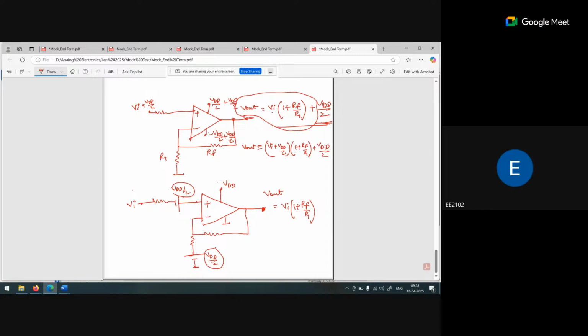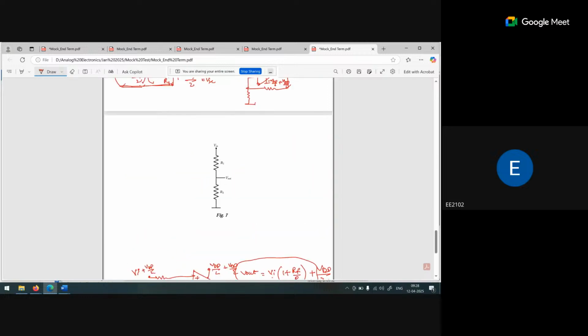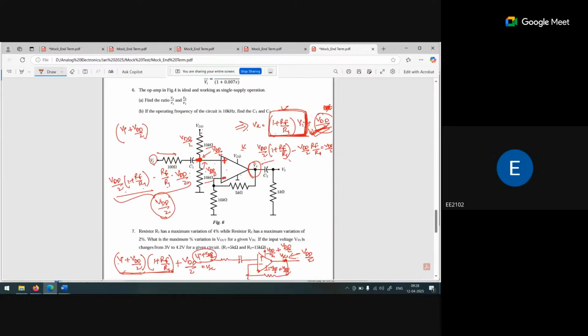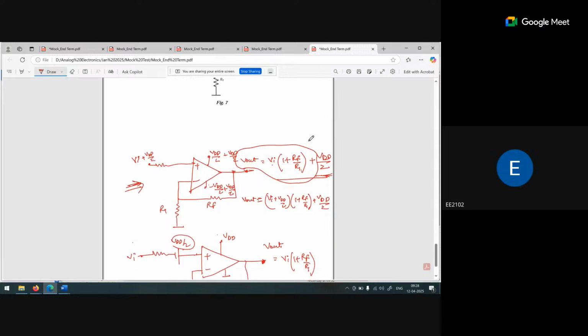Now you compare this circuit with your question. This is the grounded VDD ground. So what is your VX? VX is this one.